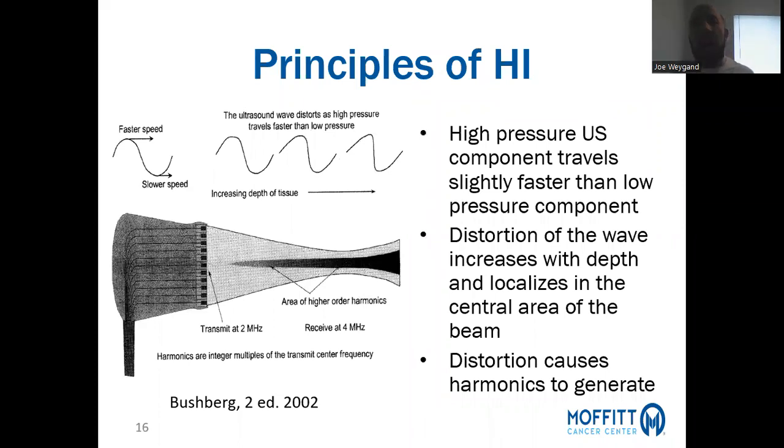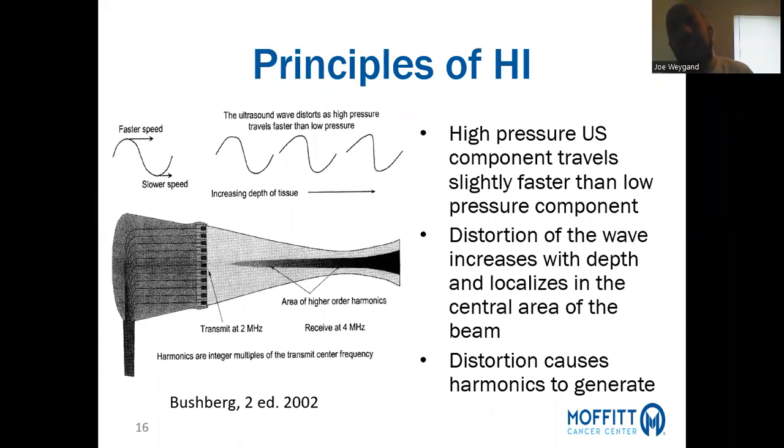As I said, harmonics can be generated through contrast enhanced ultrasound, but also they can arise naturally. This is shown here in this figure on the left, where initially, when the ultrasound wave propagates into the tissue of the patient, it has a very sinusoidal waveform, but as it goes deeper and deeper into the patient, this waveform becomes more and more distorted.